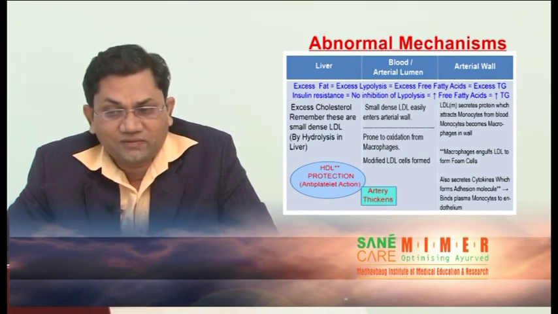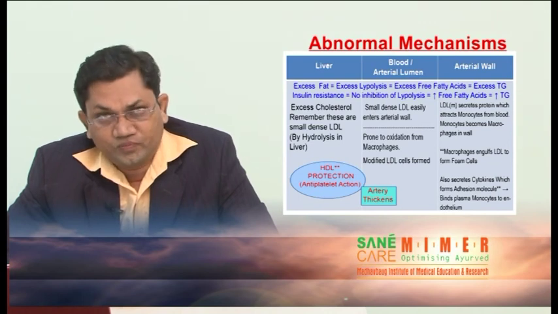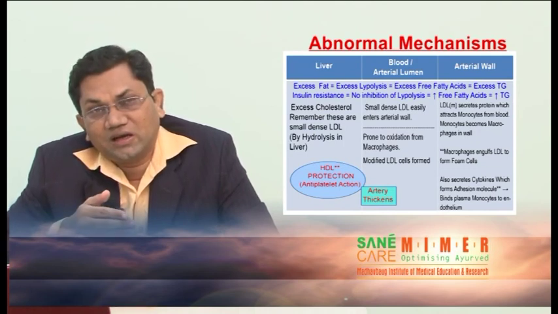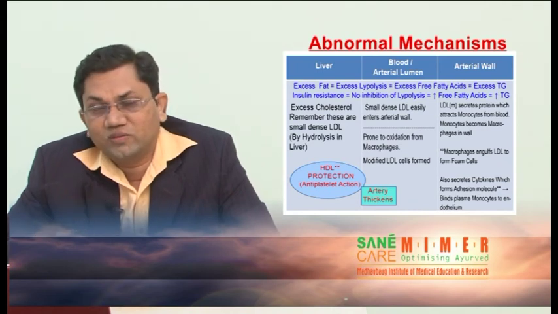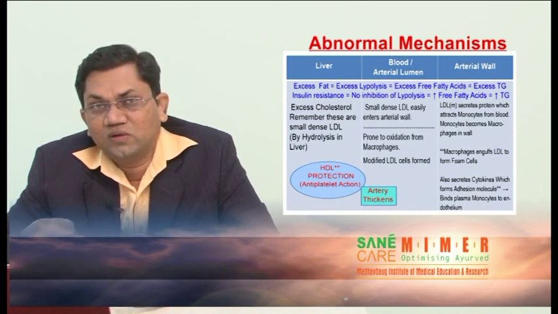So what happens after the excess amount of cholesterol is there in your liver? As far as possible, this excess cholesterol will be taken away through the bile, or removed out of the body with the help of bile secretion, and the level of this excess cholesterol will try to reduce.